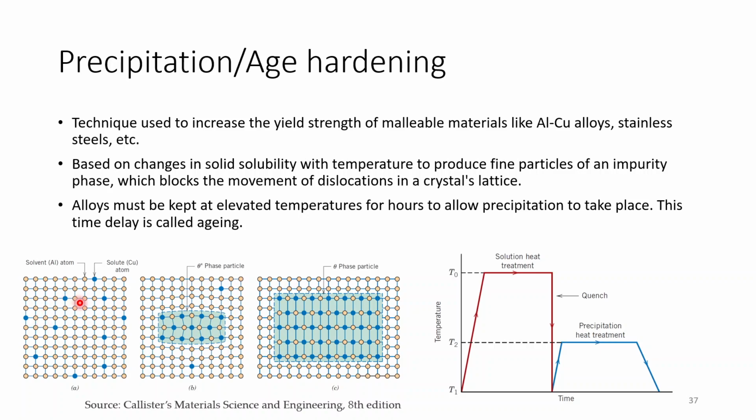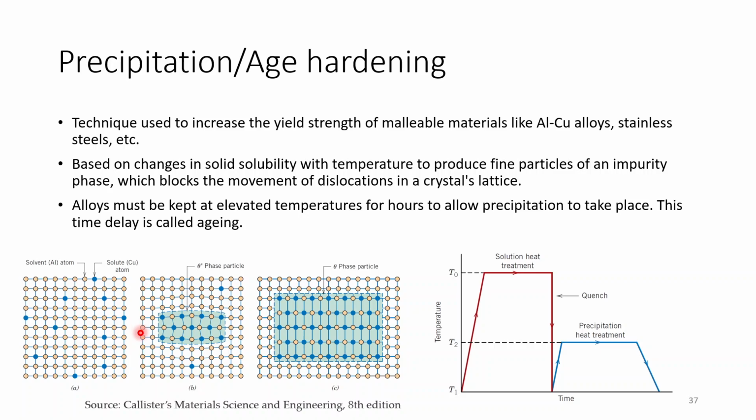So this is the initial structure, a supersaturated type of structure. After this, if you keep on heating your material, these solute atoms will come together and form a precipitate phase. This phase will have some interface energy to it.